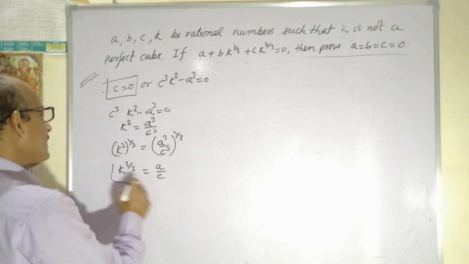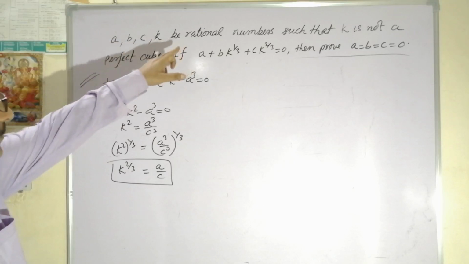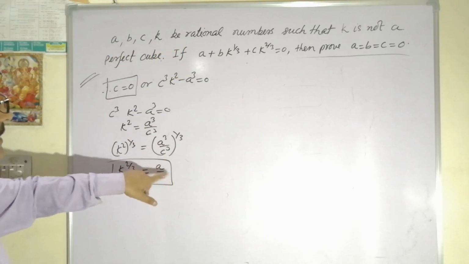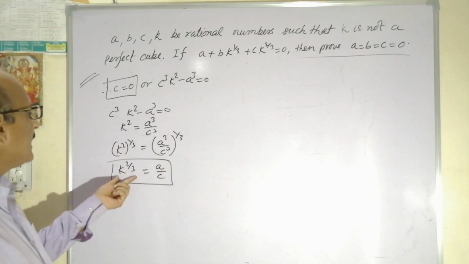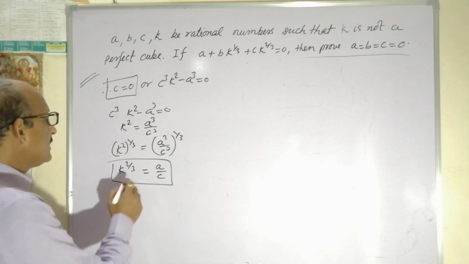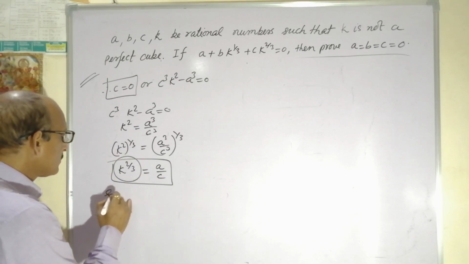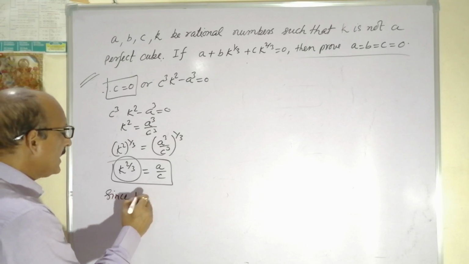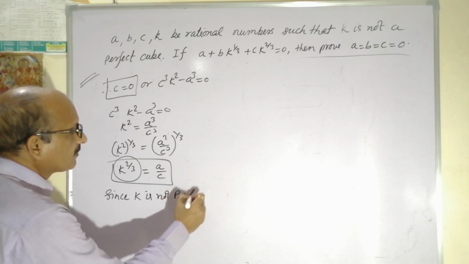This is what we got finally. Now a and c are rational numbers, it means a upon c is rational. K is not a perfect square, therefore k^(2/3) will be irrational.